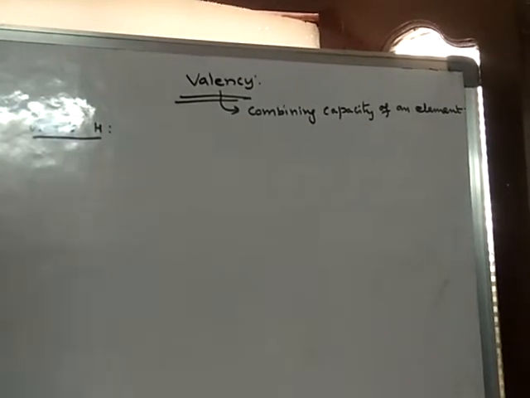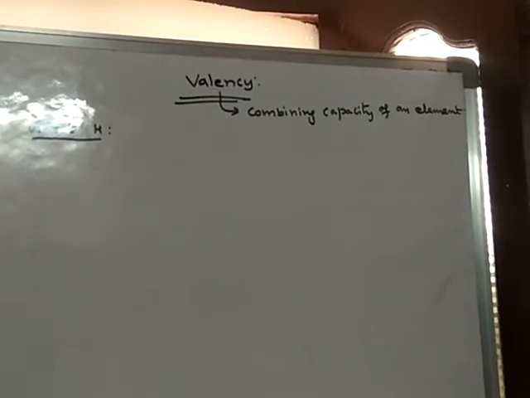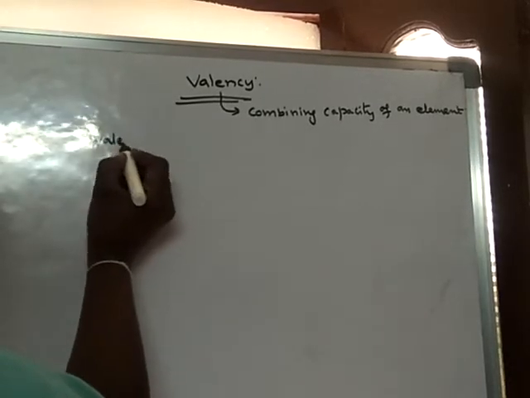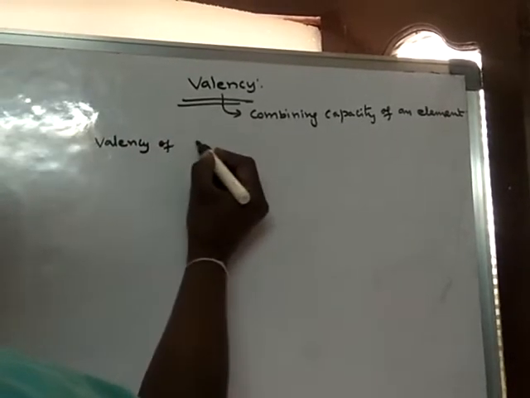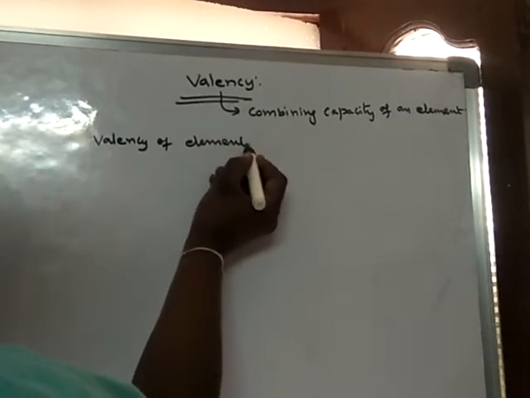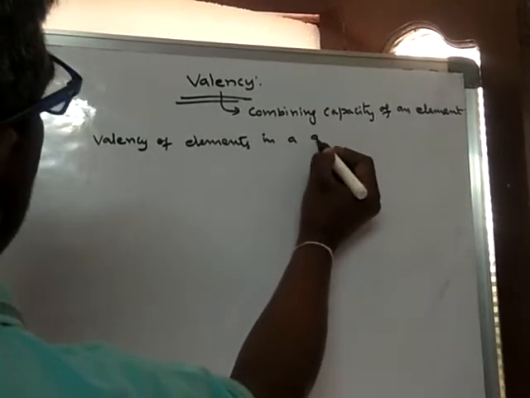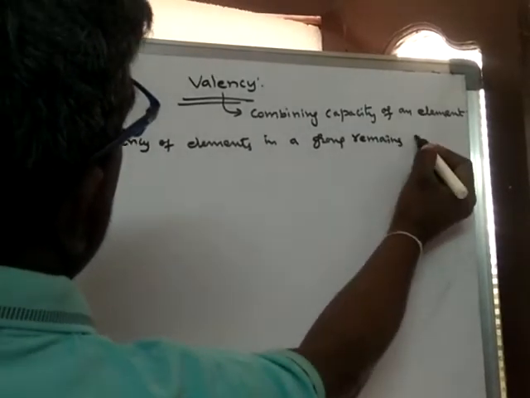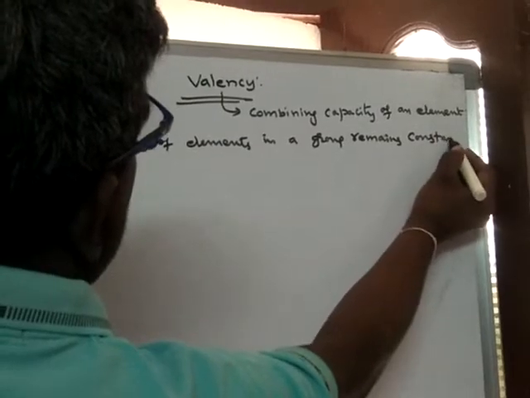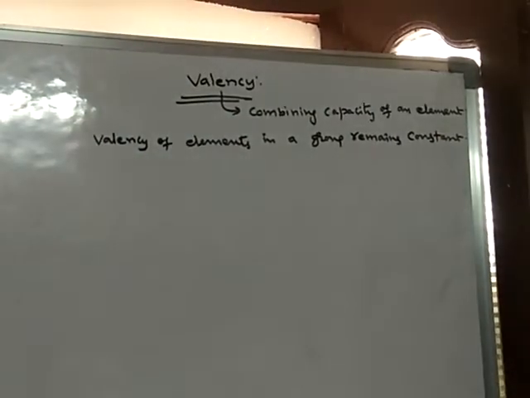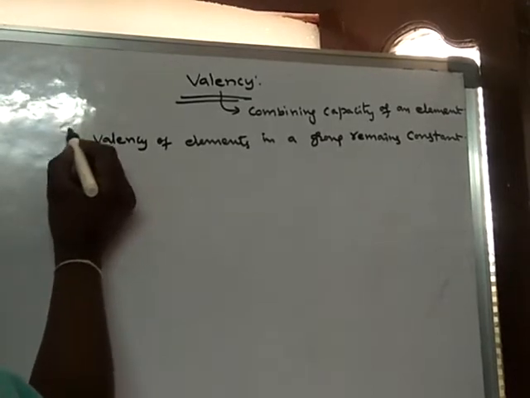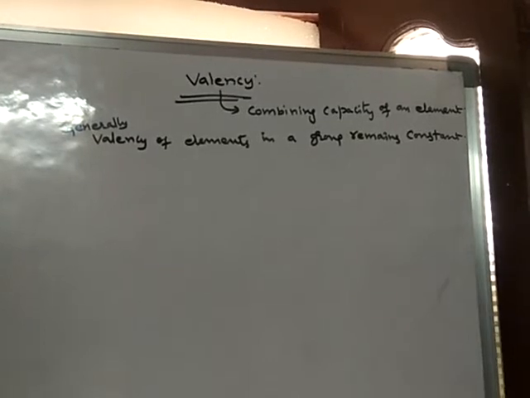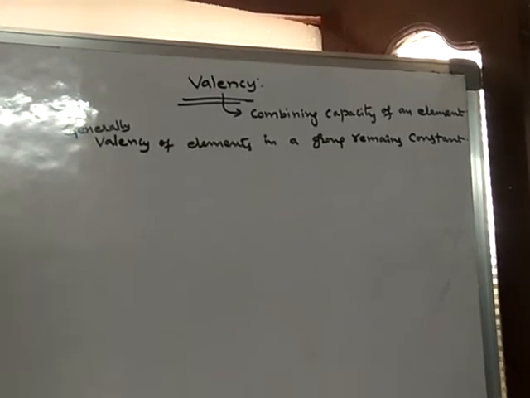How does the valency vary? Generally, the valency of elements in a group remains constant.